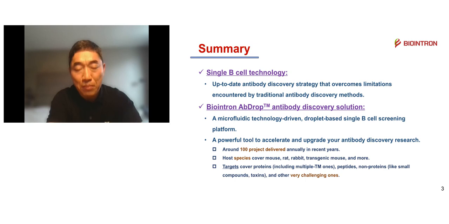There is a lot of trouble with some non-protein targets, and many more, and it is very bad for some very challenging targets. But with a single B solution like Biointron's AbDrop, we can do that.